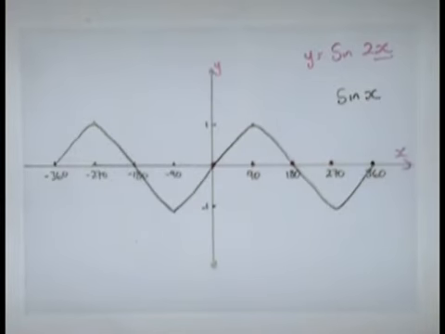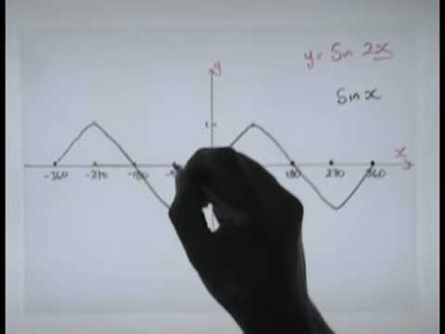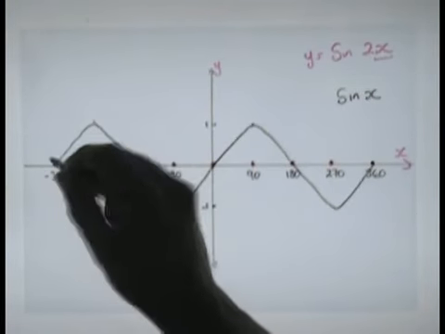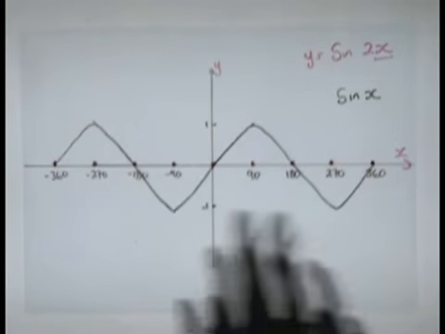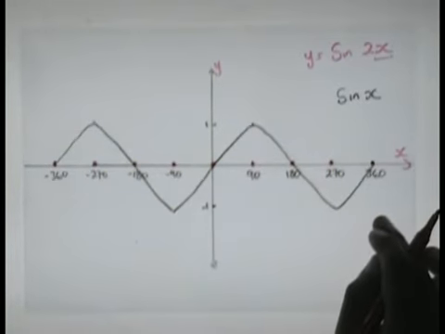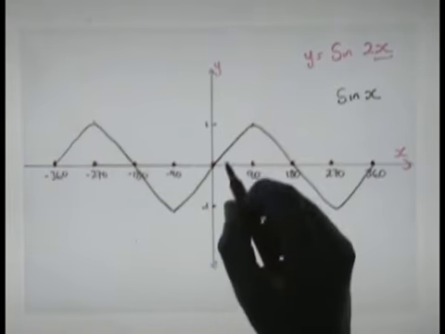Sine of 720 is 0. Sine of negative 180 is 0. There's a slight problem with this graph. It's only 0. Yeah? No.